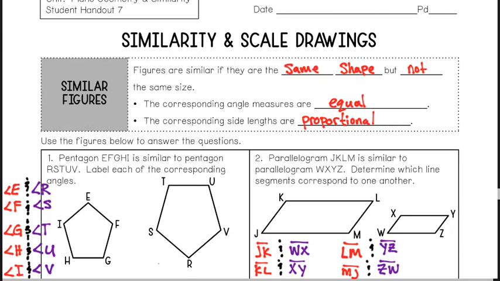And again, if they correspond with one another, that means those are the sides that we're comparing. And if you look up here again, it says those corresponding sides, they're not equal, but they're proportional. So if this one is, say, 5 feet and it shrinks down, well, all of the rest will shrink at the same rate, so they are proportional.